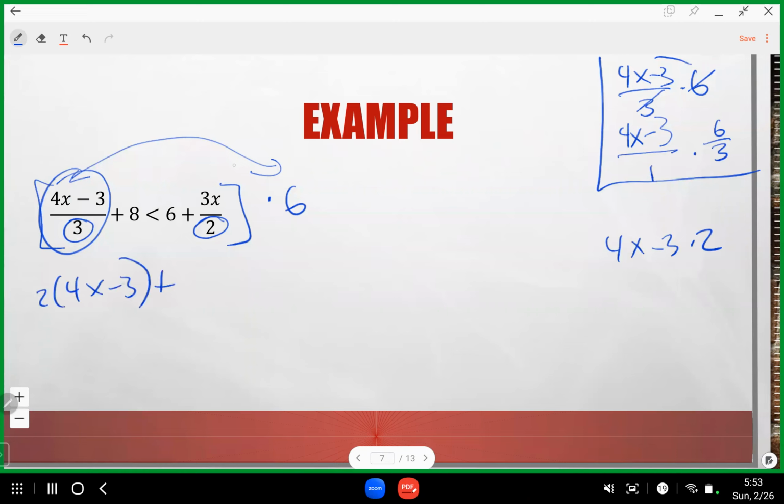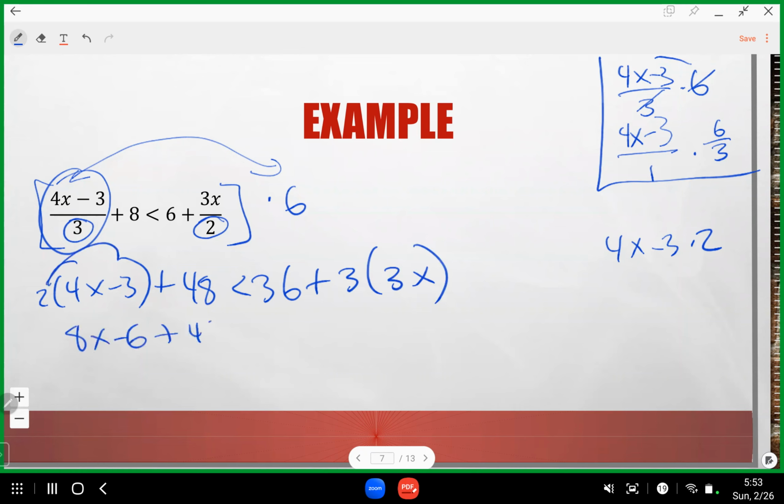Don't forget, you have to multiply 8 by 6 as well. 48 is less than 6 times 6, which is 36, plus 3 times 3x. Okay, so now, Genevieve, could you help me distribute all of these? 8x minus 6 plus 48 is less than 36 plus 9x.